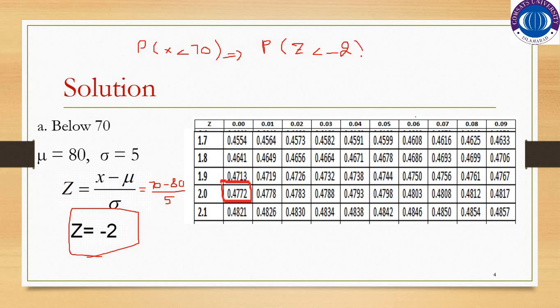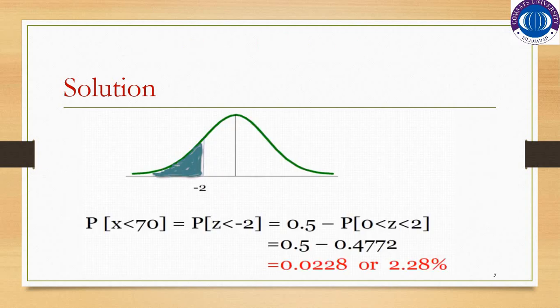So you have to find this probability. For our convenience, we will sketch this graph. This is the normal curve and mean is 0. You will get minus 2 somewhere here, and you have to find probability z less than minus 2. So this would be the area z less than minus 2.